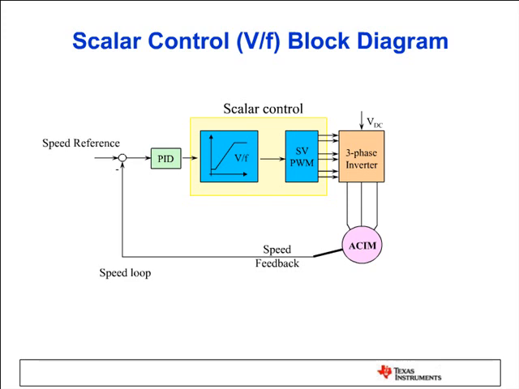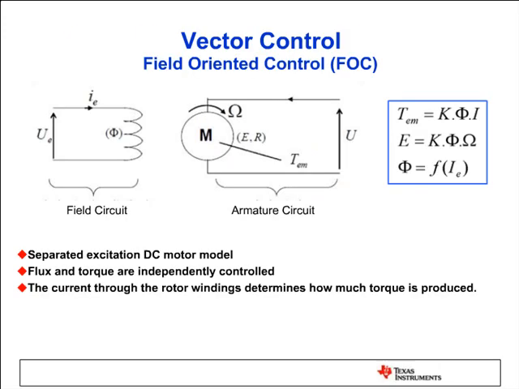Now I'm going to talk about vector control. In vector control, we separately control the field and torque. Here I put the DC motor model purposely, because it's pretty much like a DC motor. Field and armature are separately controlled in a DC motor, and we keep the field constant during the whole operation. In vector control, we are going to do the same thing. We will control field and armature independently and keep the flux component constant.